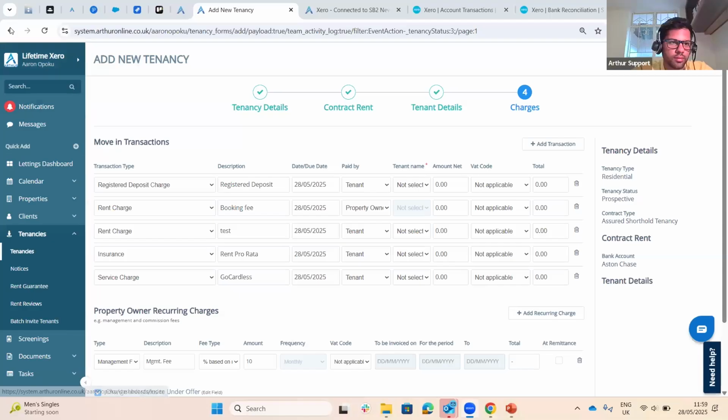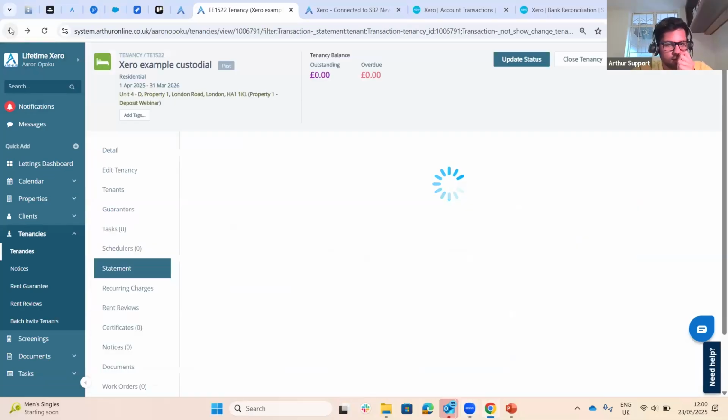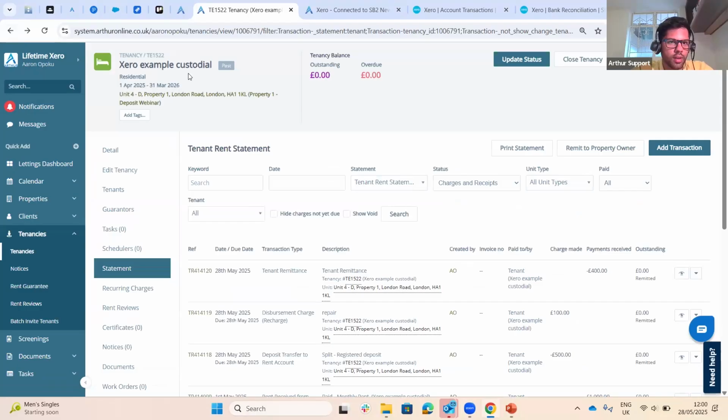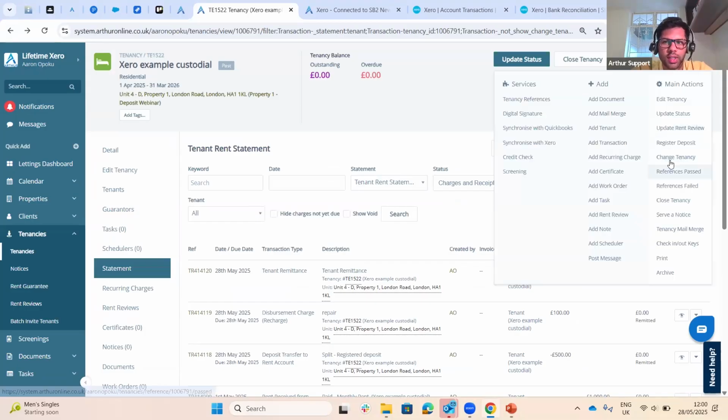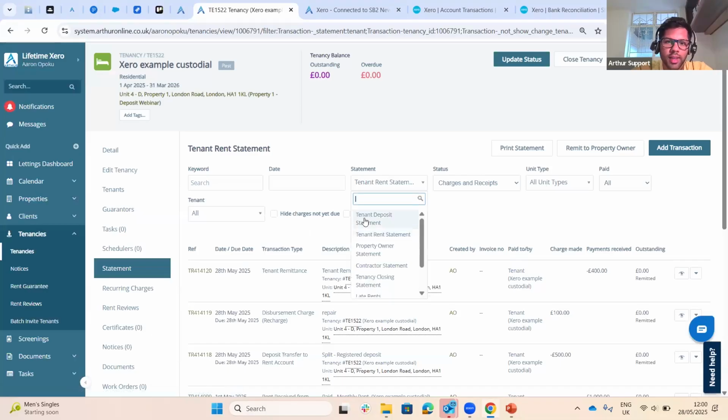If you renew the tenancy, meaning you would just go to the more drop down, change tenancy, and renew the tenancy, it keeps all the information there. So anything you have in the deposit statement will stay in there.